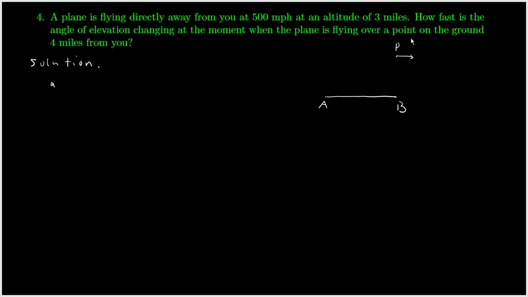AB is the distance between where you stay, between you and the point on the ground right below the plane. And we also have the line segment PB. PB is the height of the plane, right? So PB is 3 miles. And if we connect A and P, we have a triangle ABP.